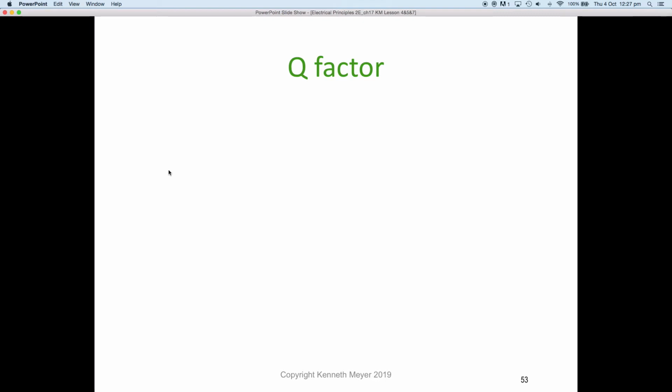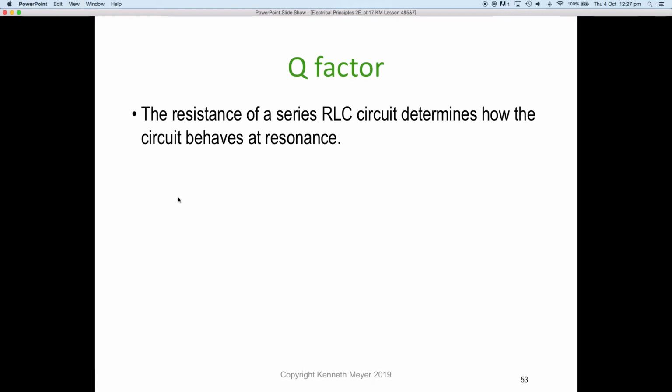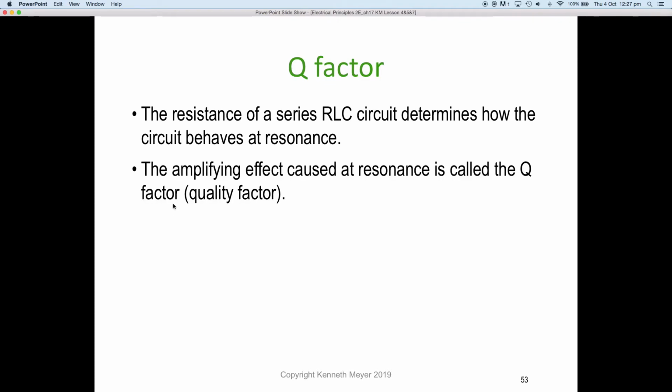So there's a thing called Q factor. The resistance of a series RLC circuit determines how the circuit behaves at resonance. The amplifying effect caused at resonance is called a Q factor or a quality factor. Because these circuits are actually used in radio communications as filters, it is called quality factor.